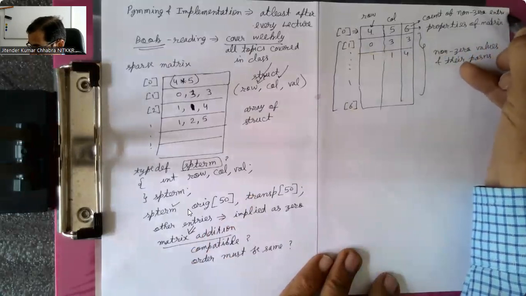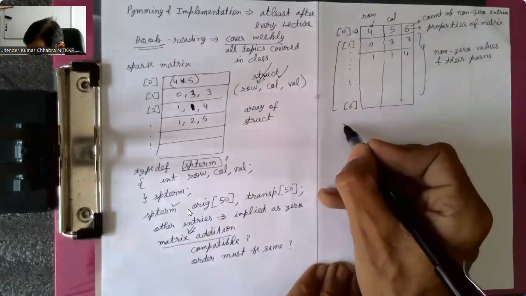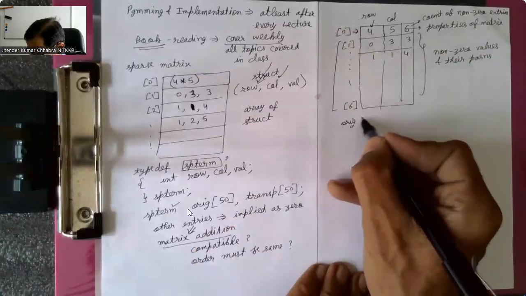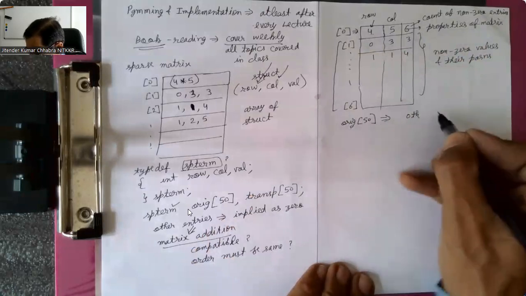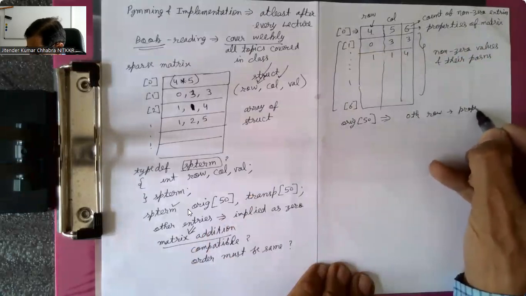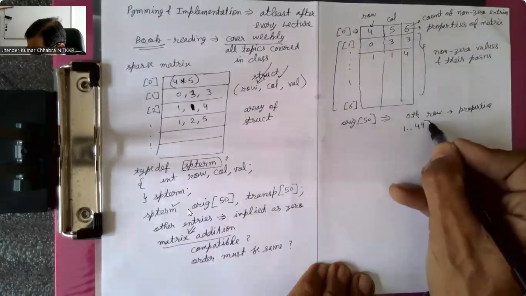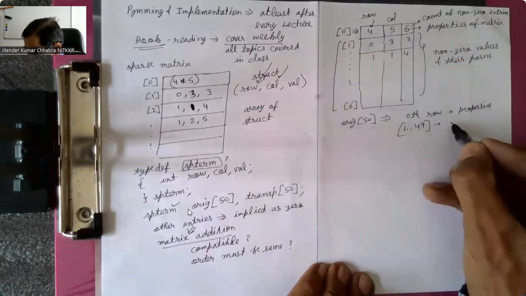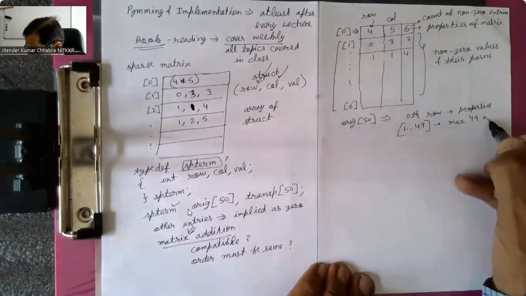So by doing this, when I said that I have an original matrix of 50, it allows me the 0th row to store properties, and from 1 to 49 I can have a maximum of 49 non-zero entries, or a maximum of 49 non-zero values can be stored.